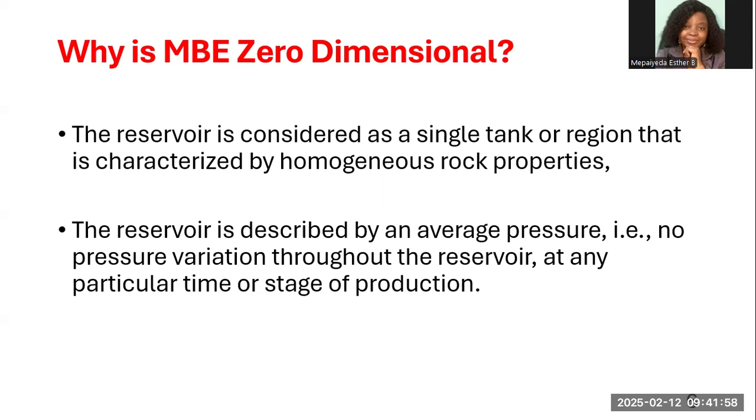The reservoir is described by an average pressure, that is, no pressure variation throughout the reservoir at any particular time or stage of production. So also in the material balance equation, the assumption is that there is an average constant pressure across your reservoir, that there is no pressure variation throughout the lifetime of a reservoir.